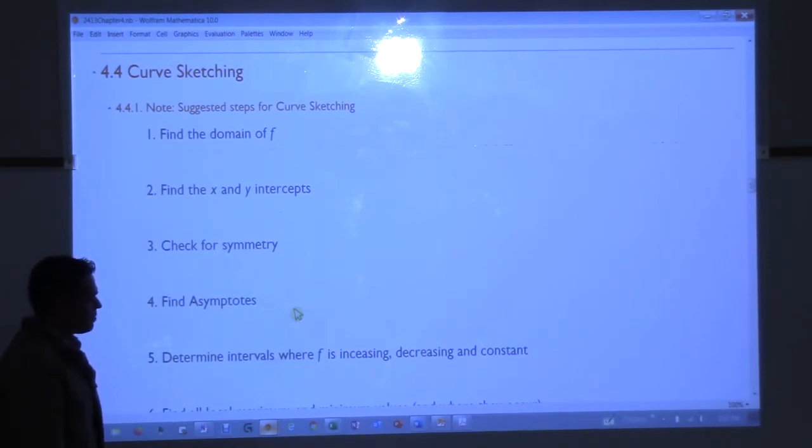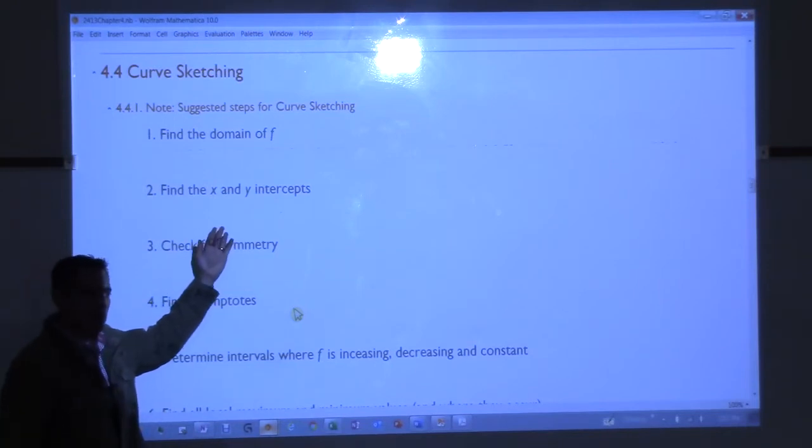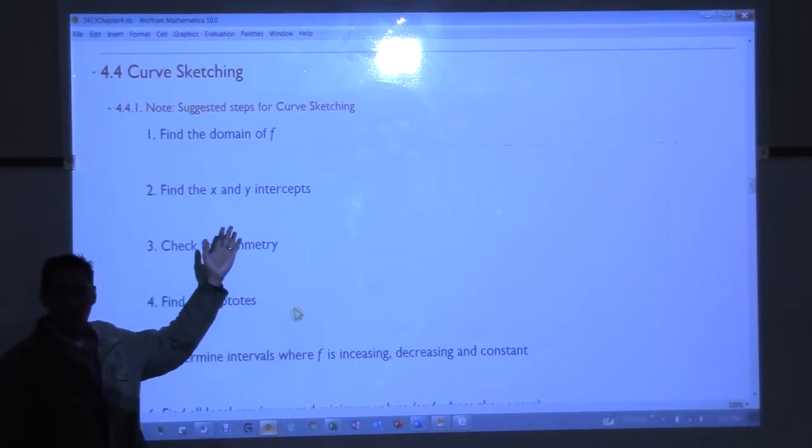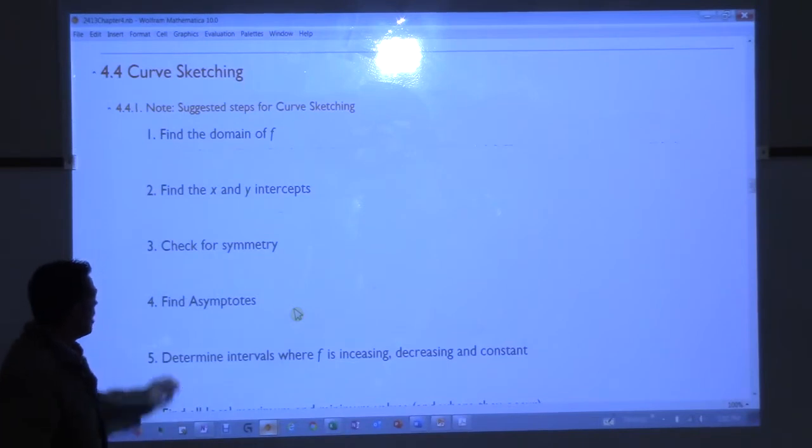So there's a set of steps, a procedure we're going to use for sketching graphs. First, we look at our function and make sure we understand its domain. We see if it's possible to find any x and y intercepts, which you would have done in college algebra. We check for symmetry.